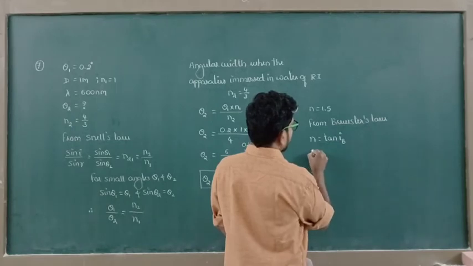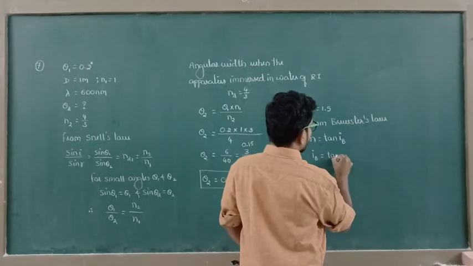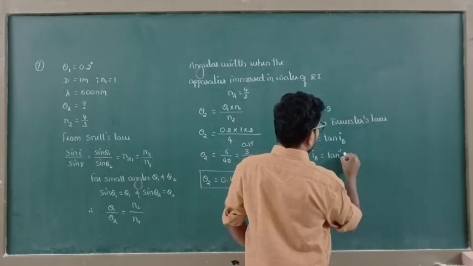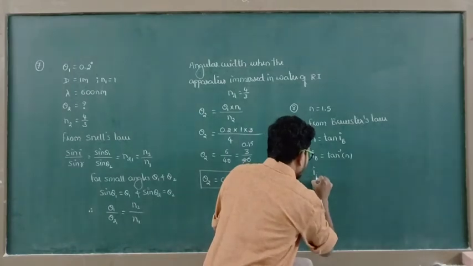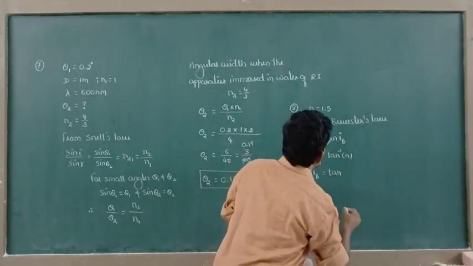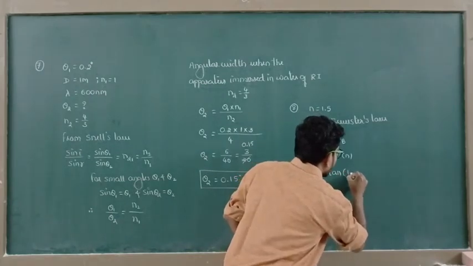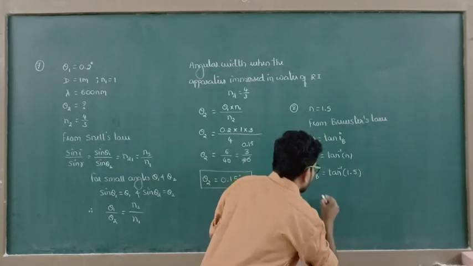Then IB is equal to tan inverse of refractive index. Then polarizing angle is equal to tan inverse of 1.5.